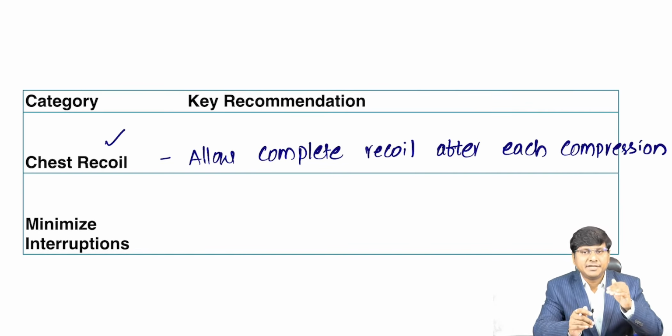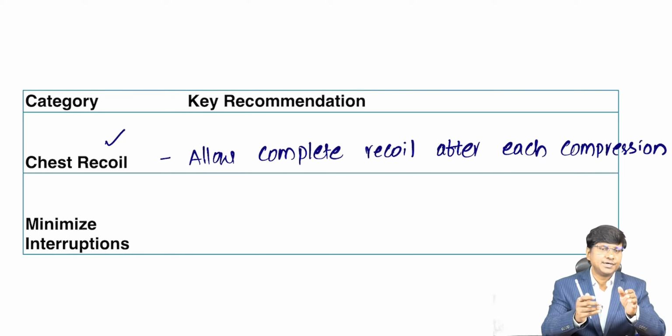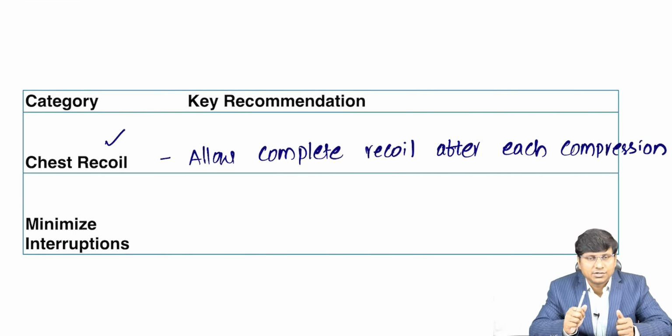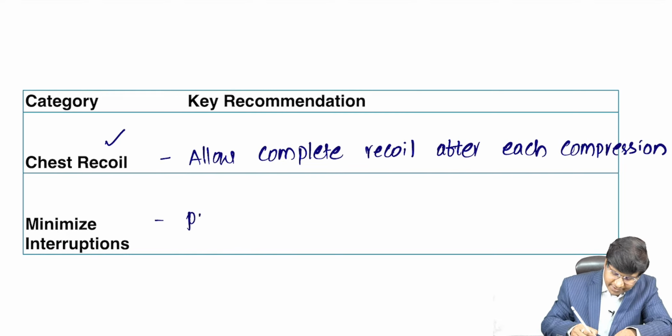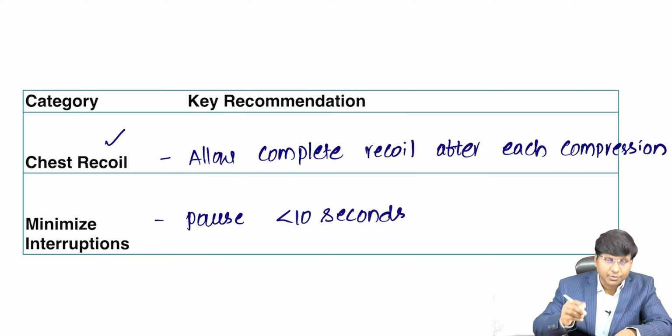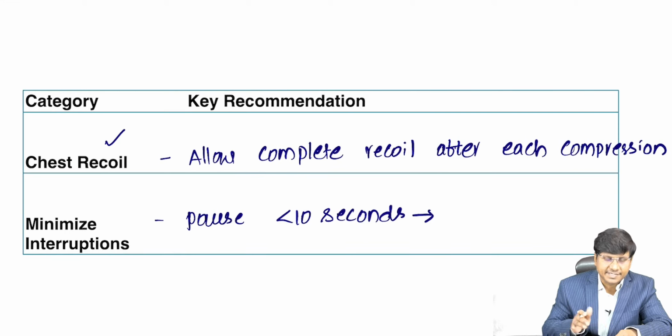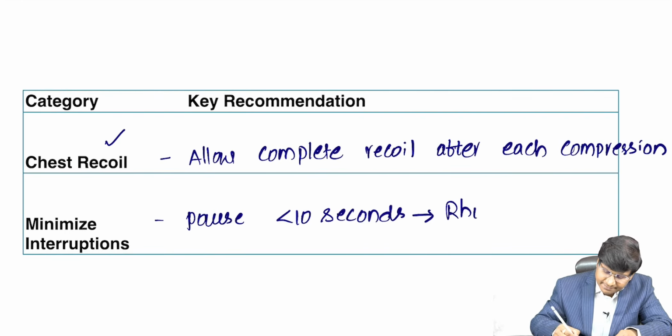And what about minimizing interruptions? Whenever you're giving chest compressions, intermittently you may need to give a shock also, depending upon the underlying clinical scenario. The pause should be less than 10 seconds, and this pause is mainly to assess the rhythm or for the delivery of the shock.